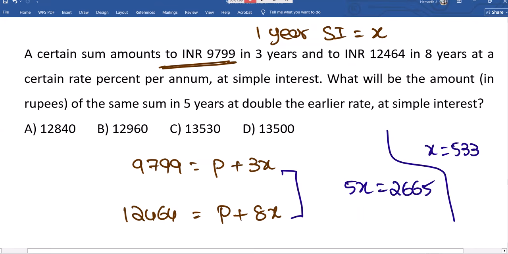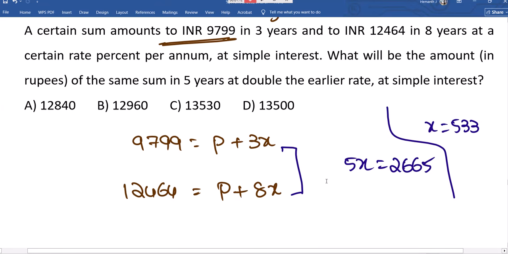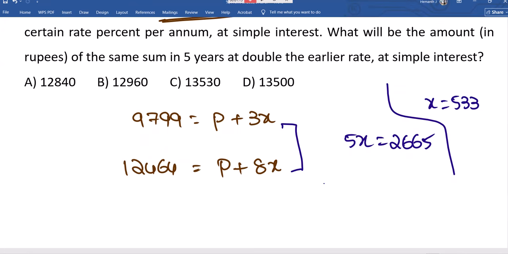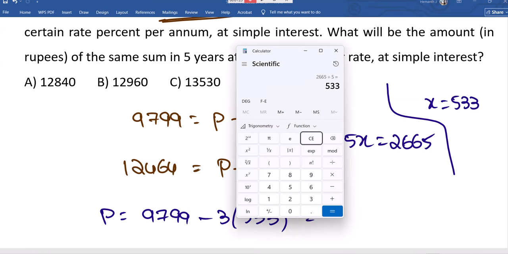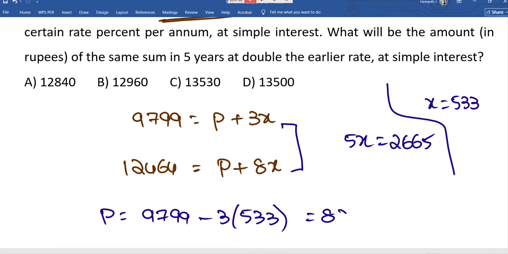Then you can calculate the principal using one of the equations. What is the principal now? 9,799 minus 3 times 533. 8,200 is the principal.